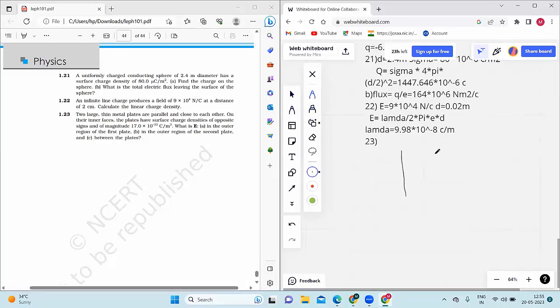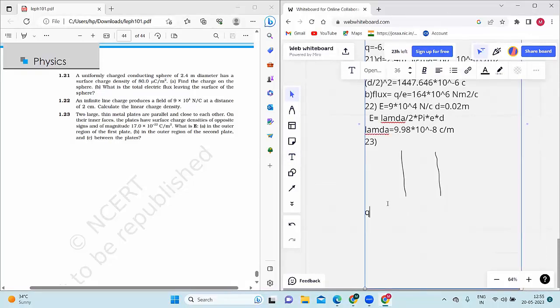Let's take these are the two plates, and they have a charge density of magnitude sigma.